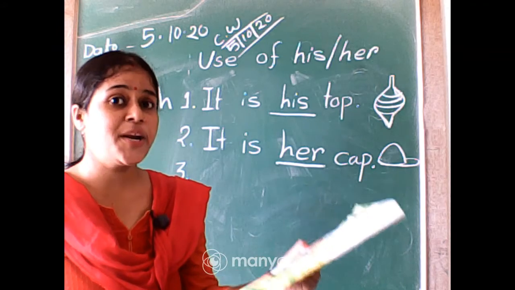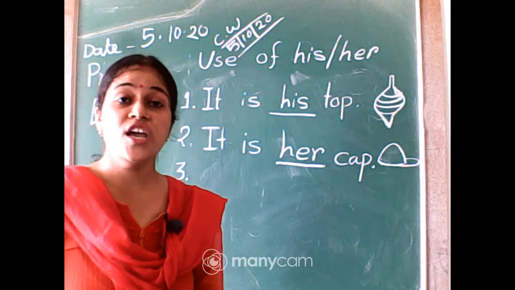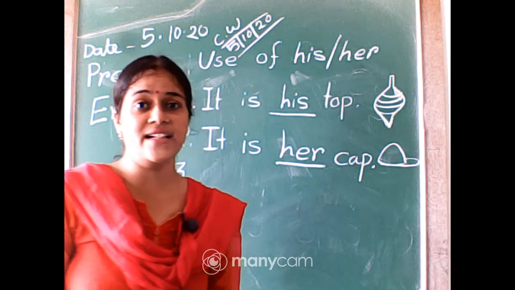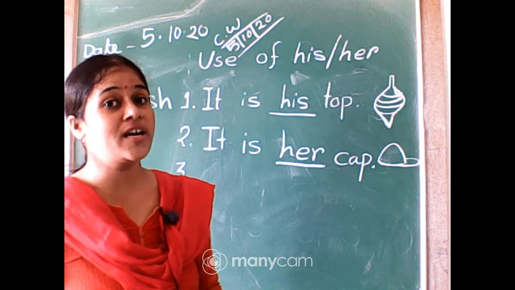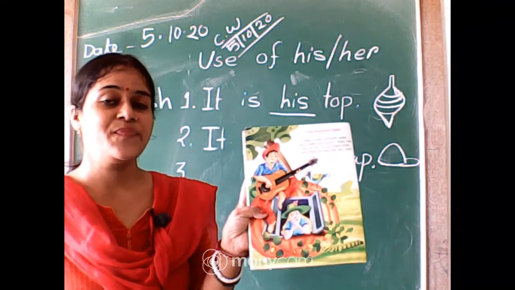Peter, Peter, pumpkin eater, had a wife, could not keep her. He put her in a pumpkin shell, and there he kept her very well. Can you remember this rhyme?